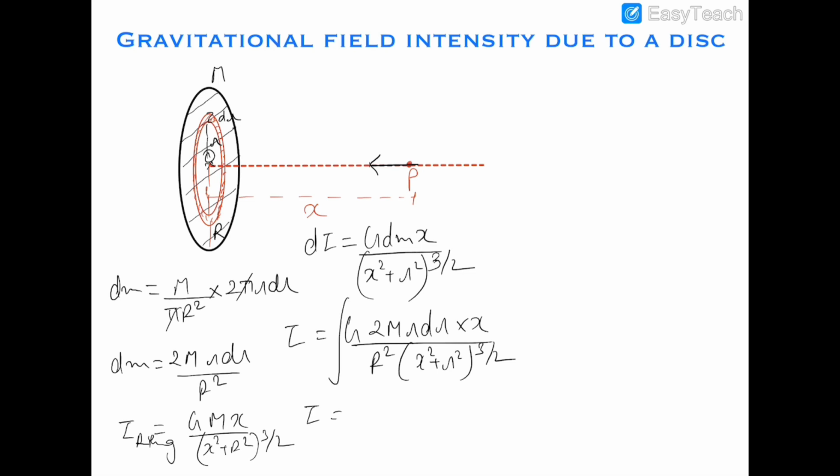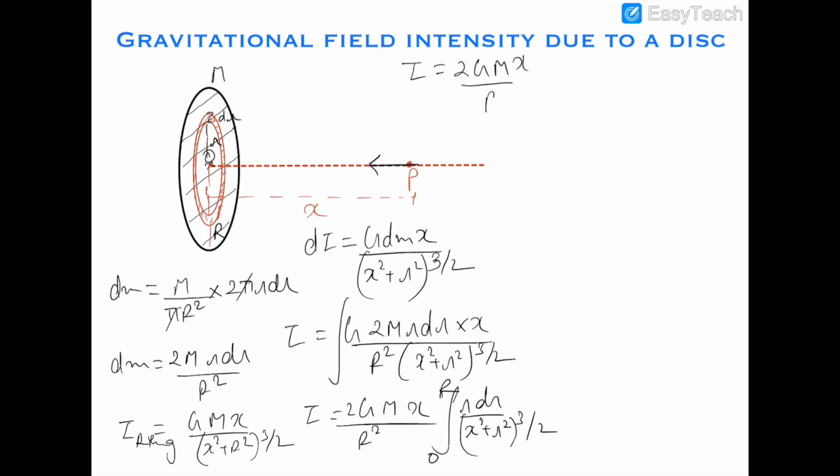You can take out the constant terms, and this is 2GM x by R square, and it is r dr upon (x square plus r square) to the power 3 by 2. So the limit would be from 0 to capital R, because the radius of the smallest ring would be 0 and the radius of the largest ring would be R. So I would be equal to 2GM x by R square.